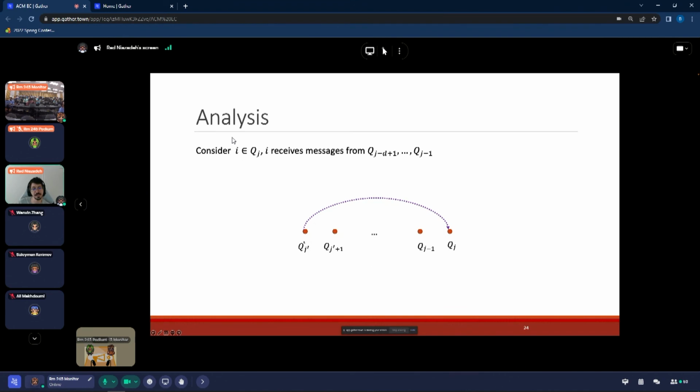That means that Q_j prime can send a stochastic message to Q_j. However, we care about this message only when the vertex I was available at time j prime, and that depends on the previous proposals to the algorithm and causes a lot of dependency.